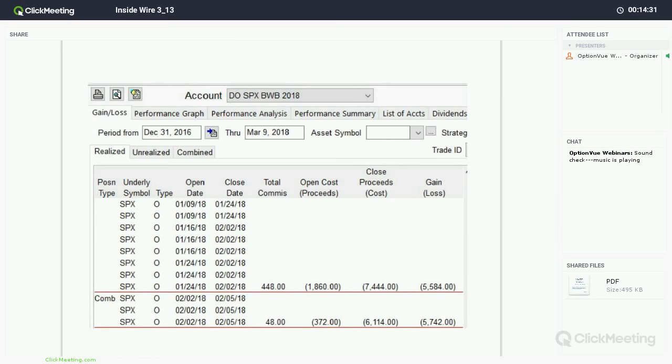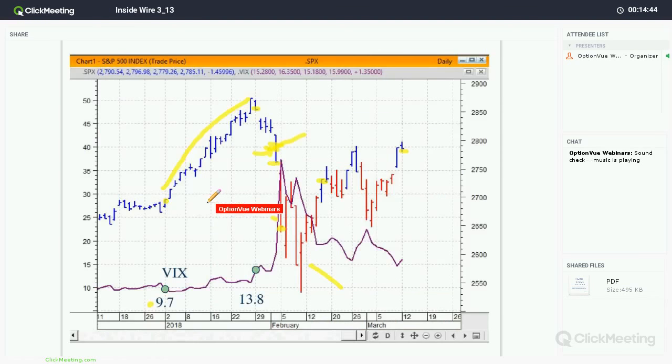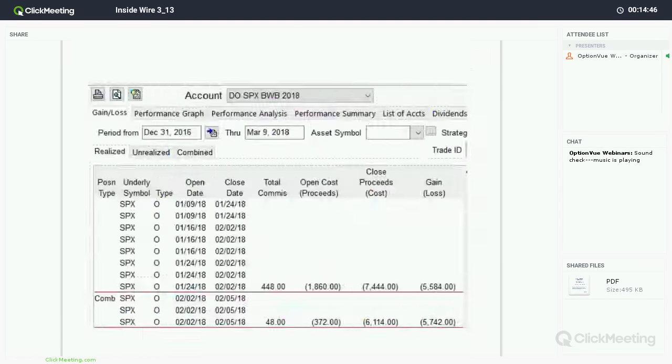So here are the 2 losers. I did not carve this up well enough. Let me go back. I thought we started on January 2nd. I don't know why it says the 9th right there.